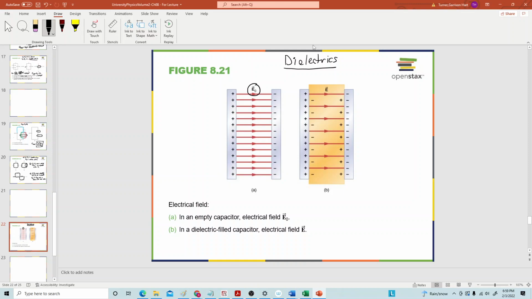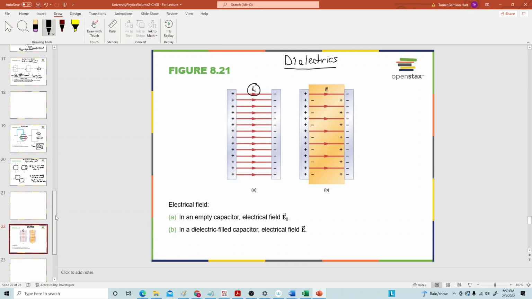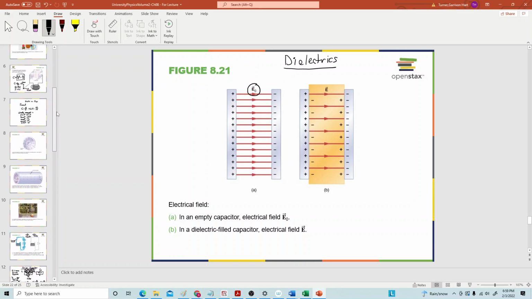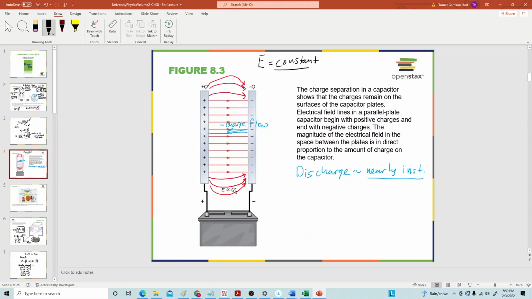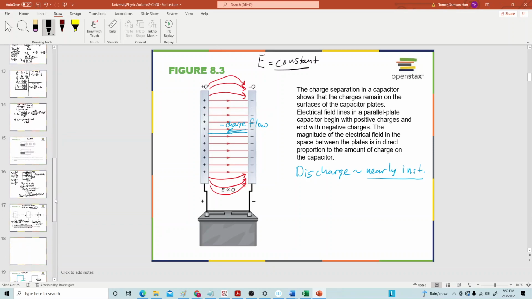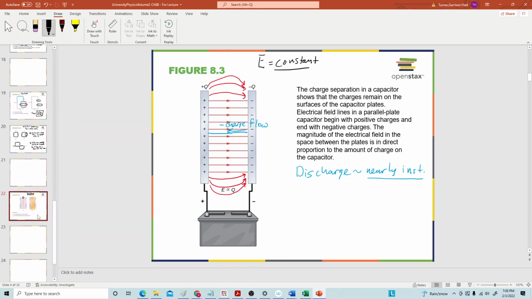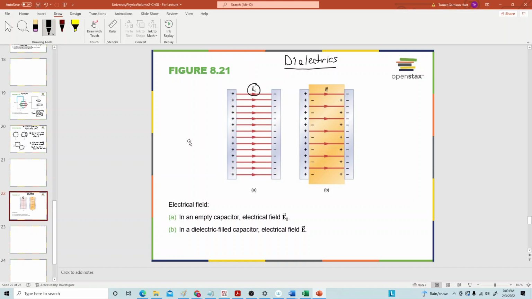Once again, the approximation of a uniform field is really good. But when you get near the boundaries, you do get these fringe effects, which we ignore for the present case. So the field in between these plates is uniform.